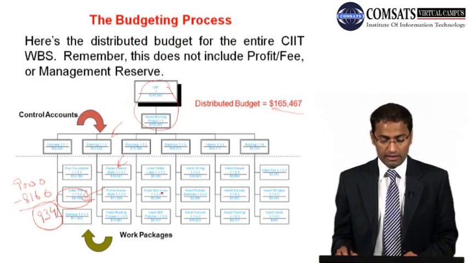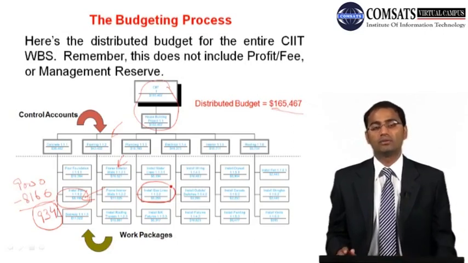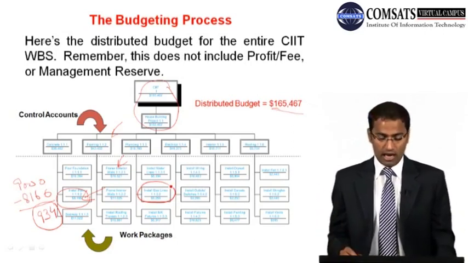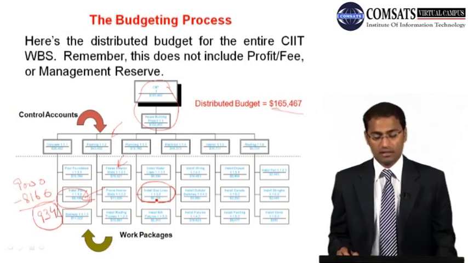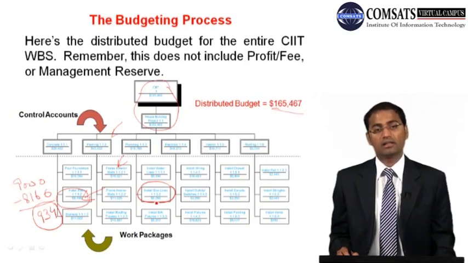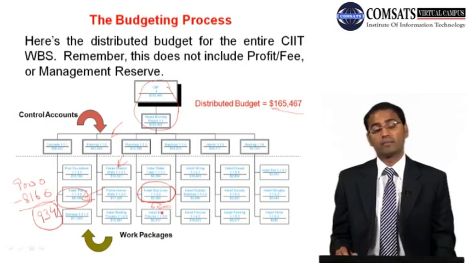Okay, there is a work package, and that is assigned to, let's say, Mr. Zafar, and Mr. Zafar is responsible for the cost effectiveness. But the cost which was authorized for this activity was 6,255, and he spent 6,300.